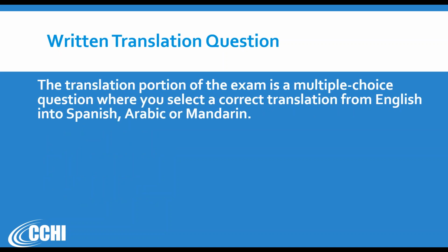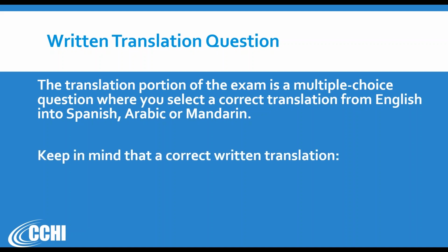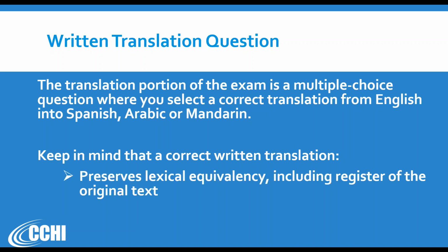And then the last question is written. You will see an English paragraph, and then you will see 4 options of translation of that English paragraph into Spanish, Arabic, and Mandarin. And here you need to kind of put your head to understand what's the correct translation.